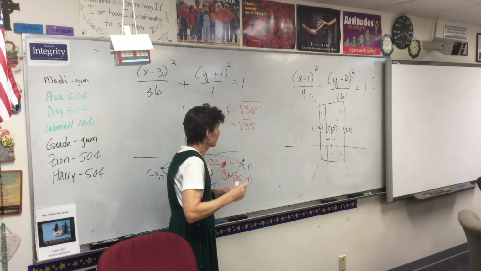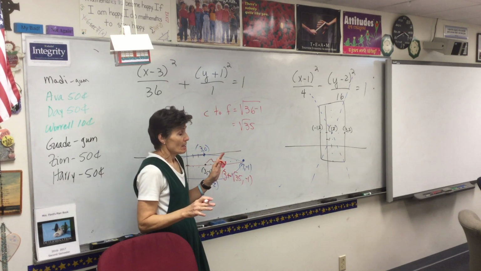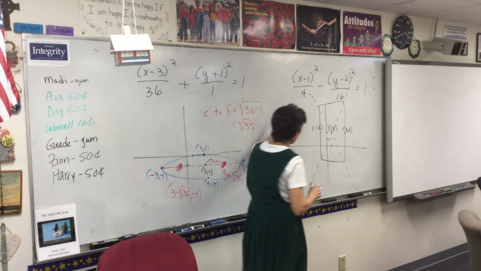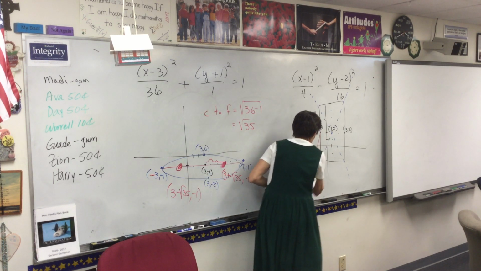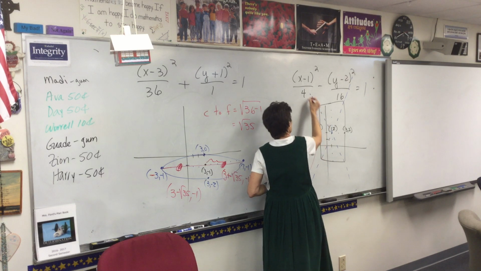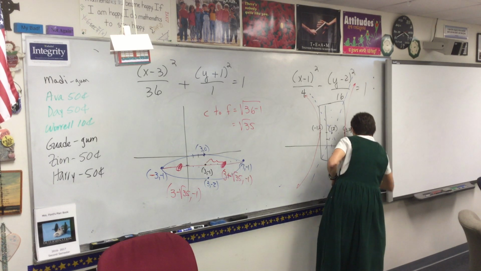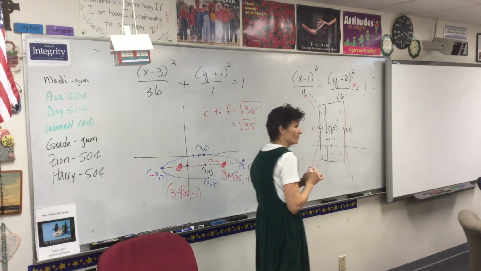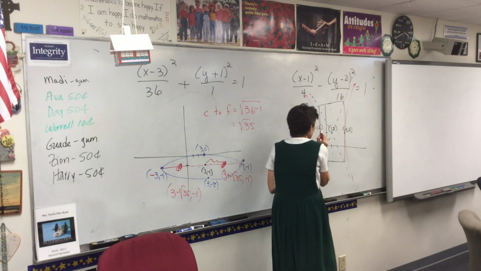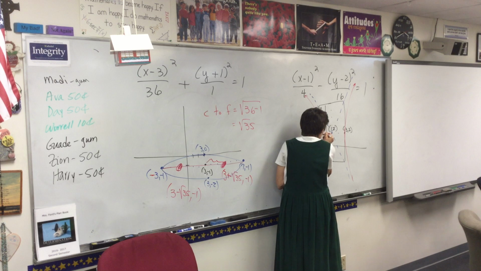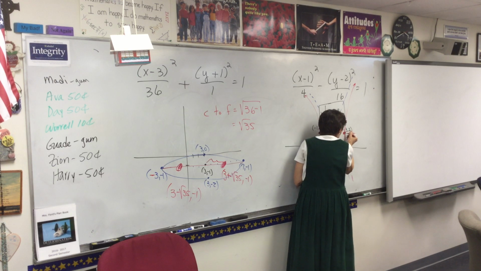Now we got our asymptotes in there, and we've decided that because X comes first, this is the way my hyperbola will open. Would everybody agree with that? Remember, it just touches the box right there at that point.